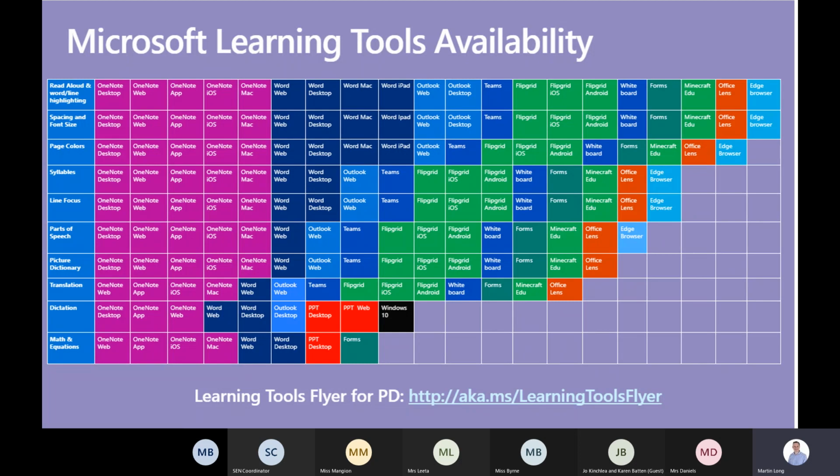So down the left hand side you'll be able to see different tools that may enable you to access a resource or enable your pupils to access a resource, and then going across it tells you which platforms they're in, such as OneNote or Word or Outlook and Flipgrid, the whiteboard tool in Teams meetings, Microsoft Forms, Minecraft for Education, Office Lens, and the Edge web browser as well.